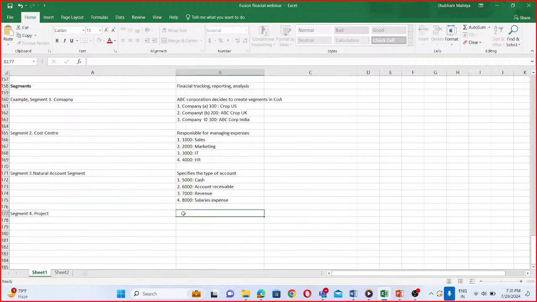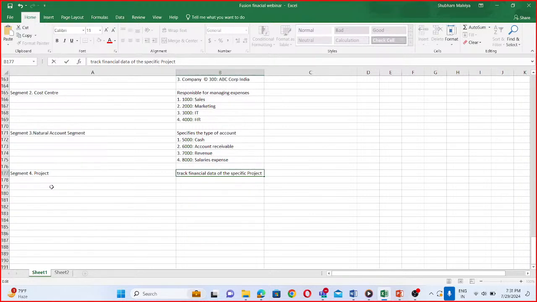So it will track the financial data of the specific project. This segment we are going to create in tomorrow's session. Today we are just having the scenario in Excel.